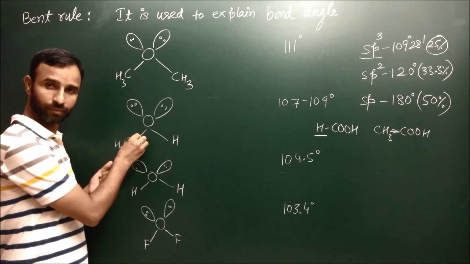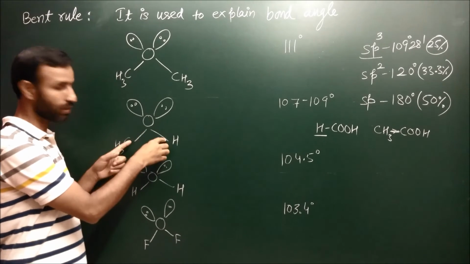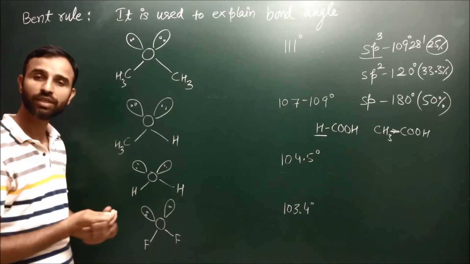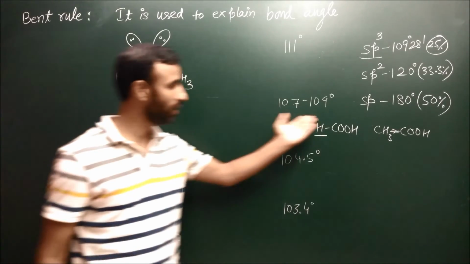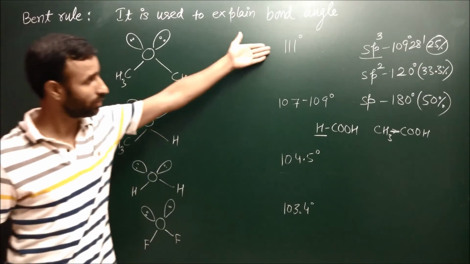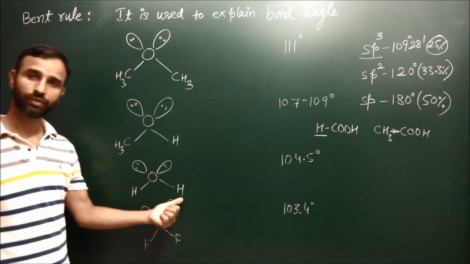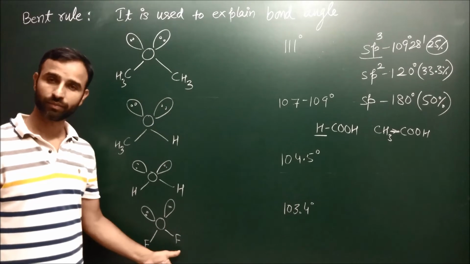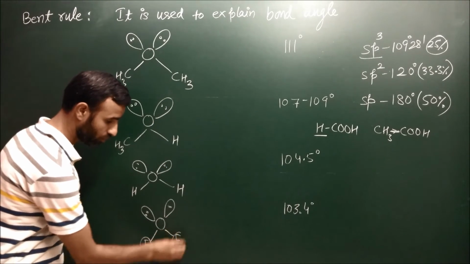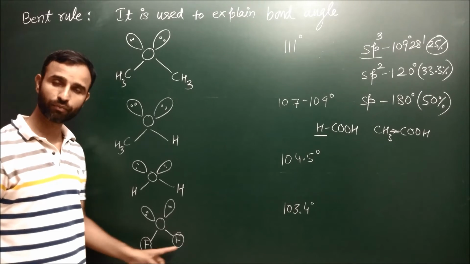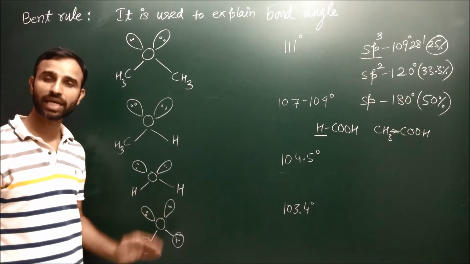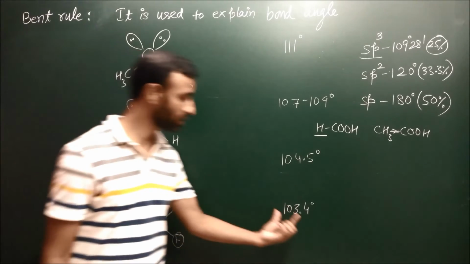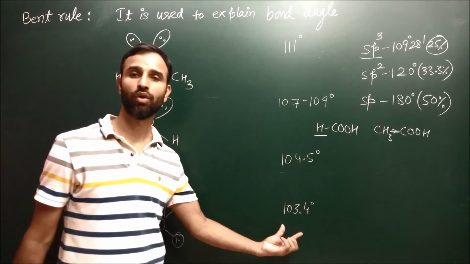With only one methyl, because on one side there is hydrogen, the percentage of S character is less, so the bond angle is decreased. In hydrogen, it is further decreased. Fluorine is more electronegative, and a more electronegative atom prefers orbitals having less S character, and that's why the percentage of S character is less, so the bond angle is on the lower side.